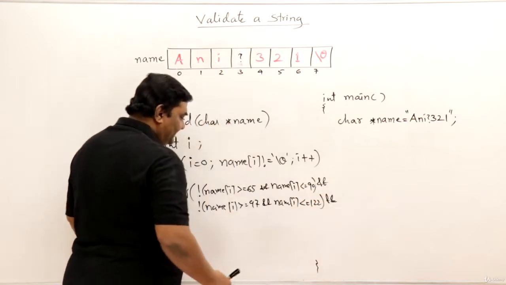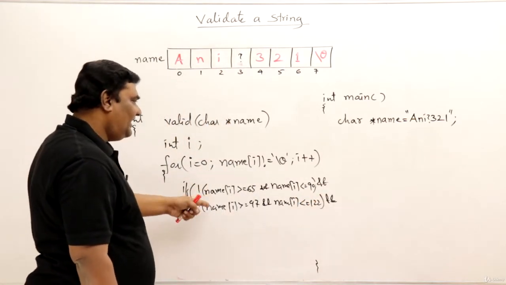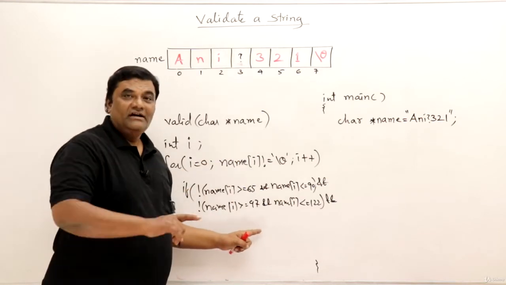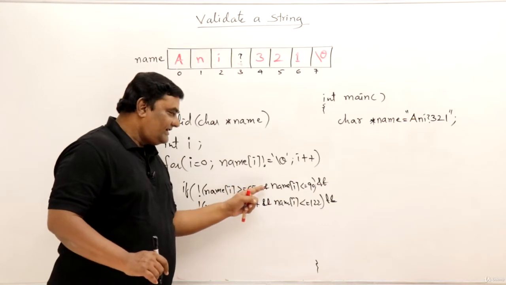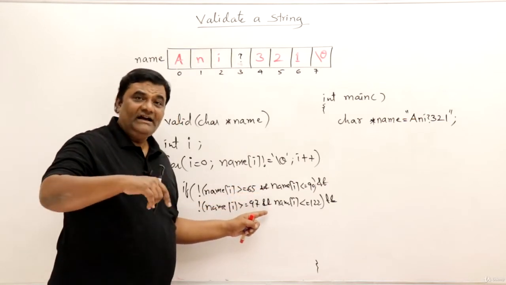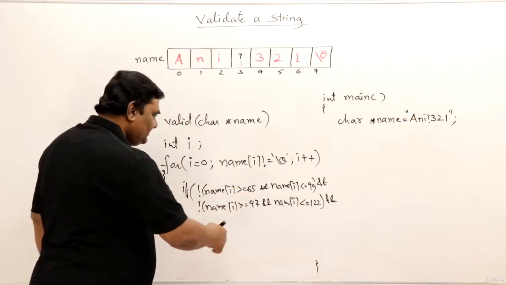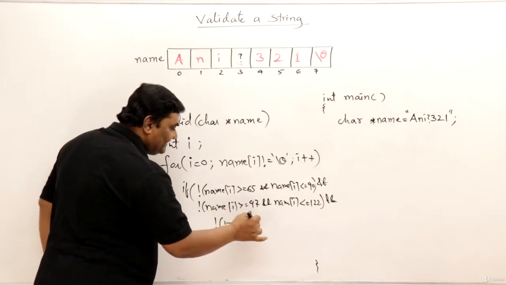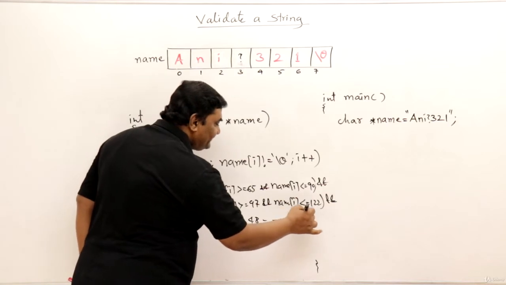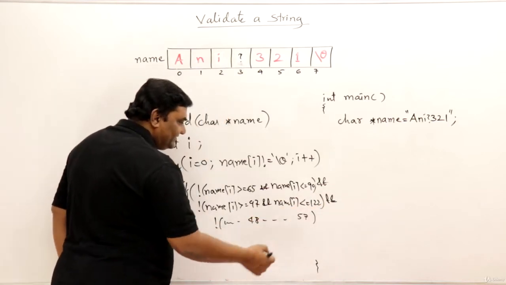It means it is not in this range, and not in this range, and not in another range. As well as for numbers also I should write. So I will not complete this one. Again I have to say name of i, that is 48 to 57. Right? You can understand this one.